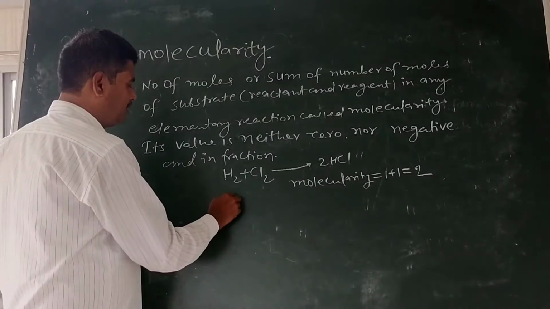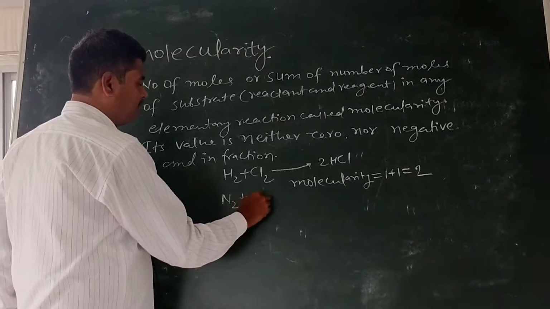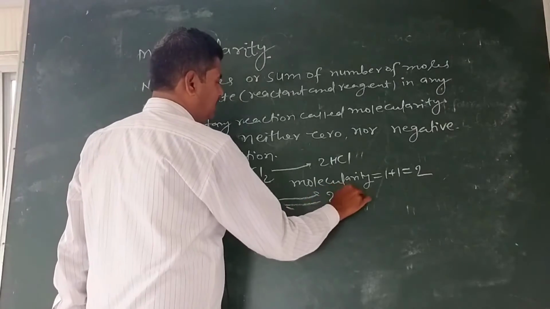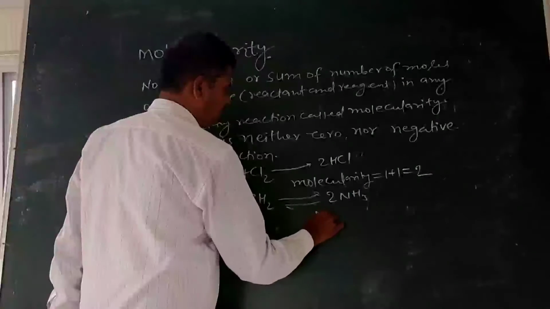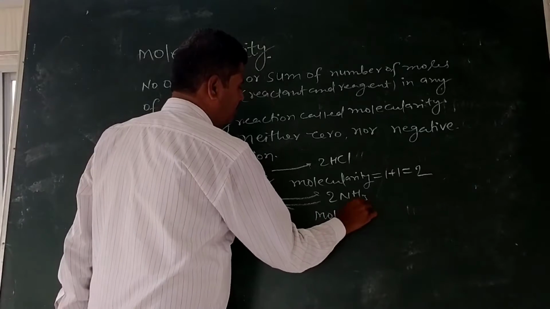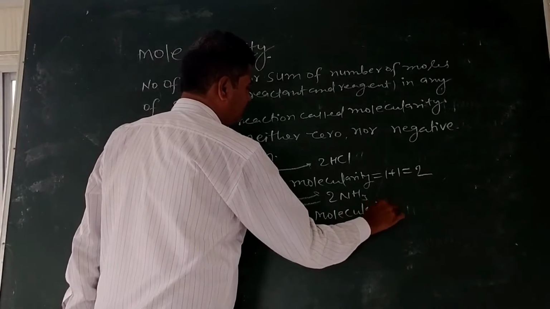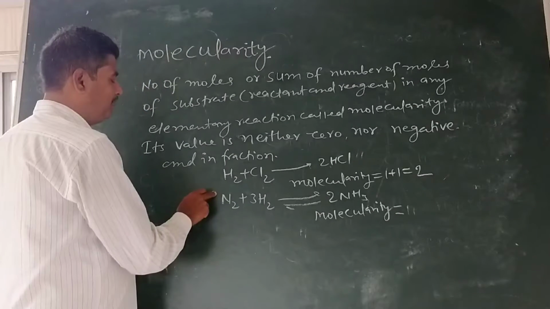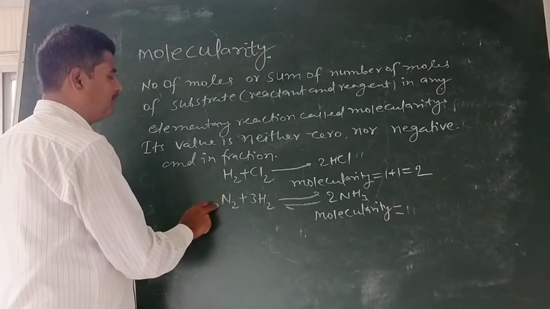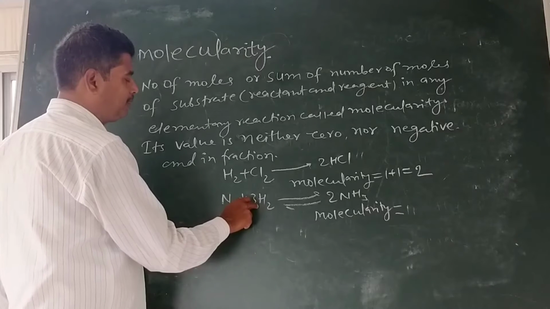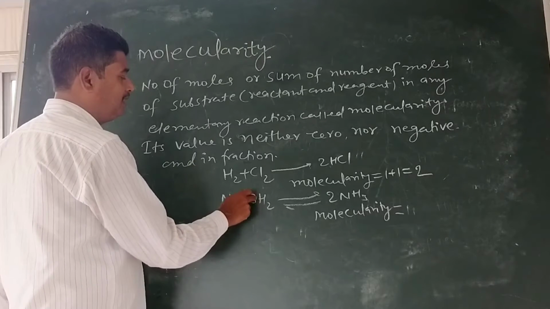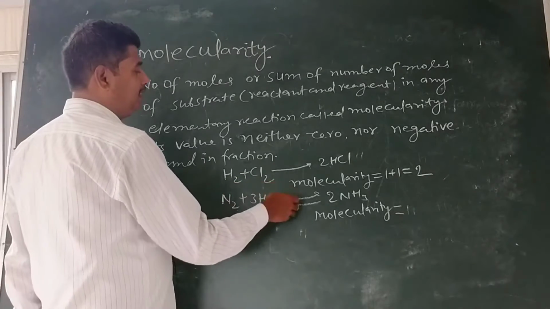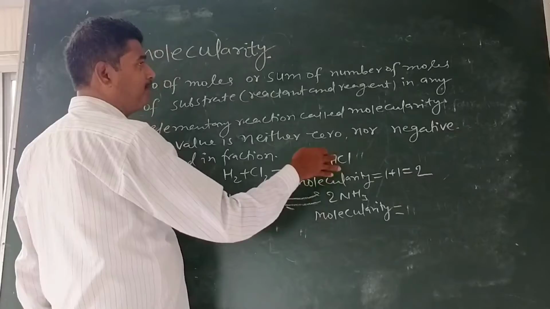Next example, N2 plus 3H2 gives 2NH3. Molecularity is equal to, here the multiplicand is 1, meaning 1 mole of nitrogen, and here the multiplicand is 3 for hydrogen, meaning 3 moles of hydrogen participate in this reaction in which ammonia is formed.